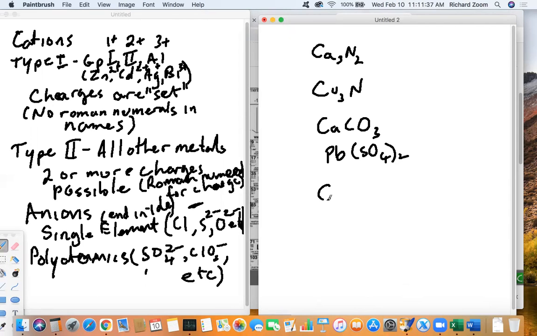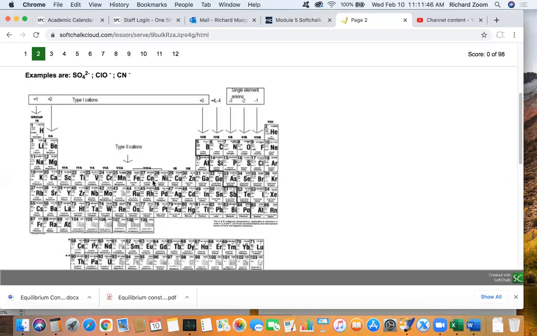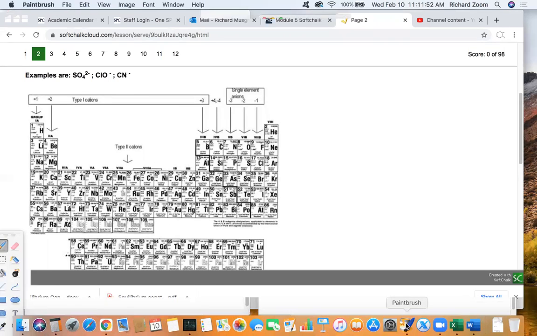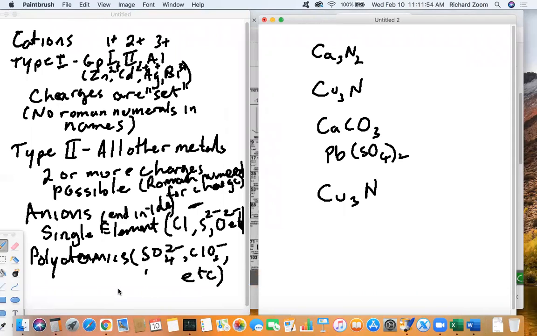Now the next one, Cu3N. If you look where copper is in here, it's one of the type 2 cations, and we need to be able to know what charge it has. In order to do that, we have to do a little bit of algebra, because we need a Roman numeral here.